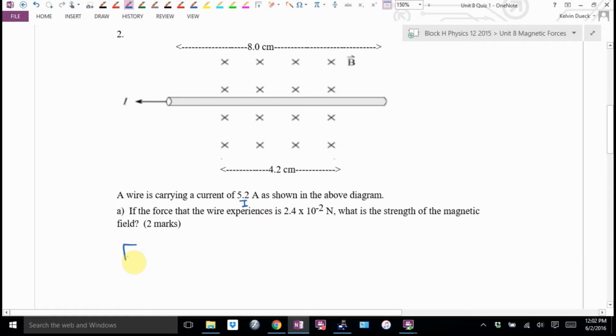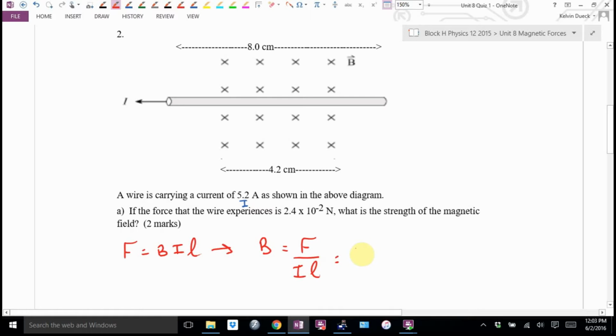Well, the force on a wire is BIL, B-I-L. They want me to get the strength of the magnetic field. That's get the B by itself.